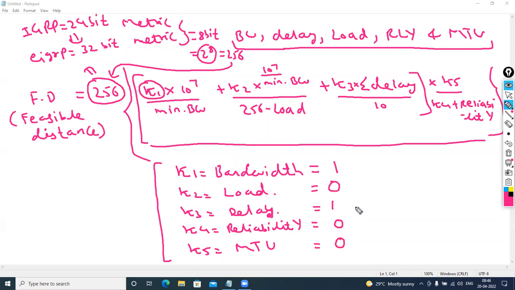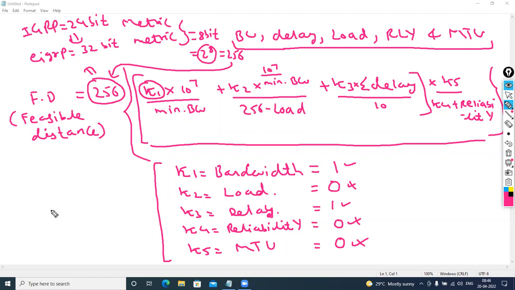Now the question is why? Why do they only use bandwidth and delay? Why not load, reliability, and MTU? Even Cisco recommends the same. Why only K1 and K3?